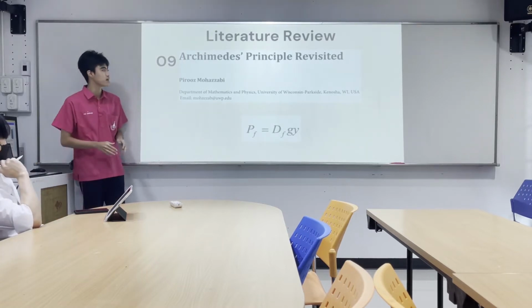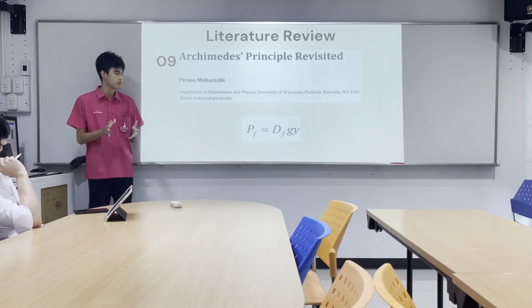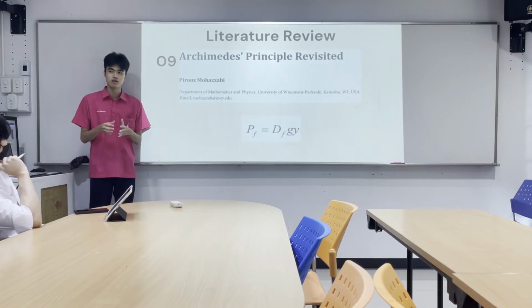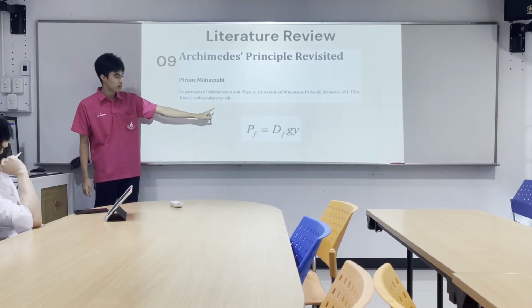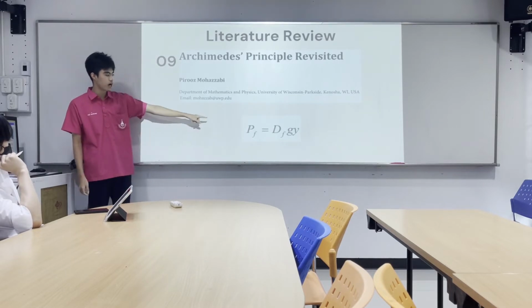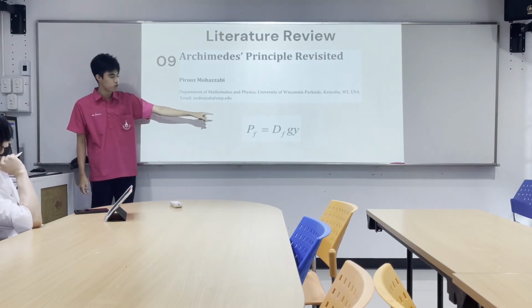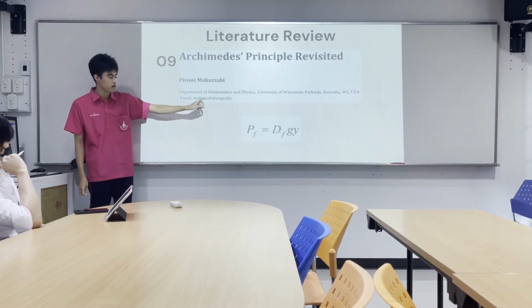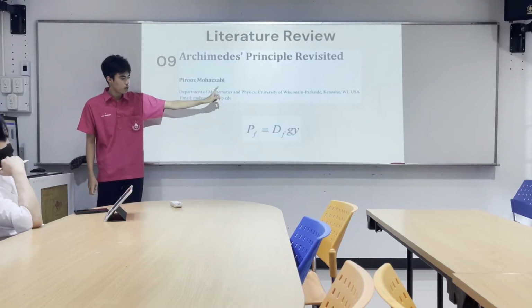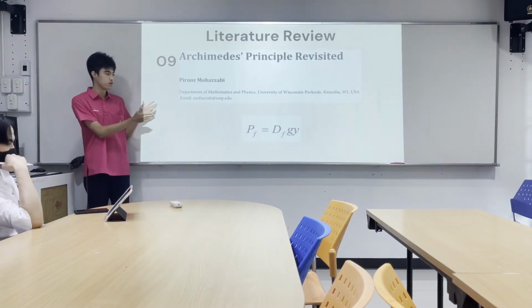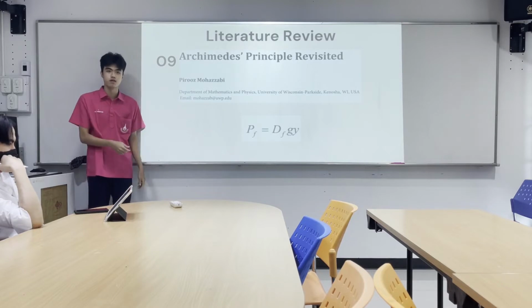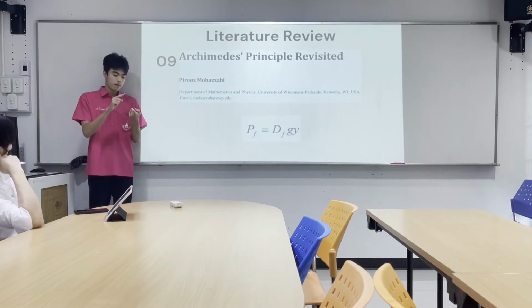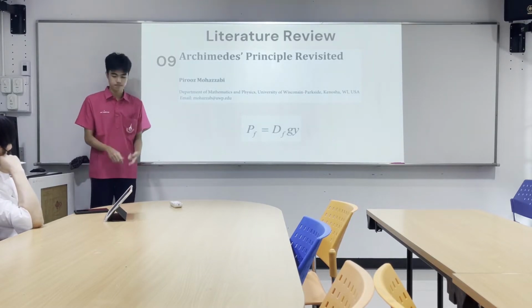So he made up the Archimedes principle from mathematical logical sense. This one is hydrostatic pressure equals density of the water times gravitational acceleration times height. I use this formula in the paper in order to know the exact pressure in the fluid.